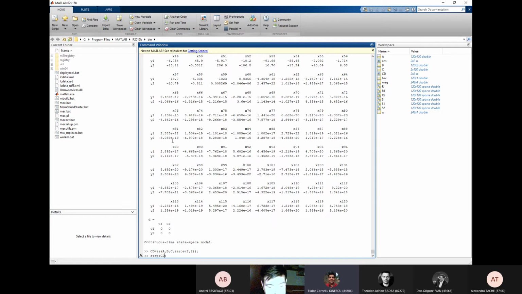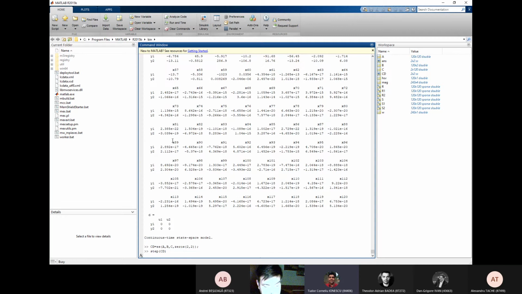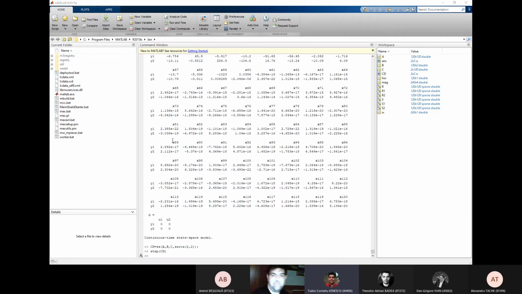So if I give this system an input of a step, how does the output look? And this is the command step in MATLAB. Look, it's difficult to compute. It says busy here, and it's trying to build a picture using all this data.